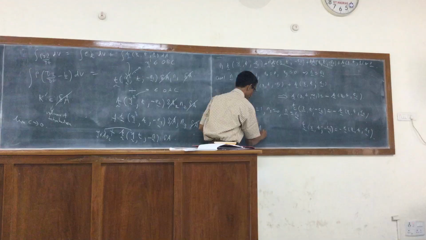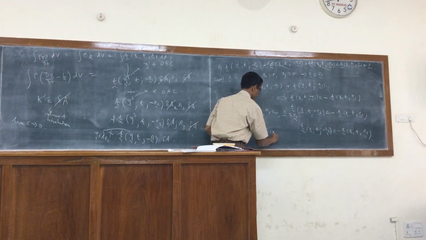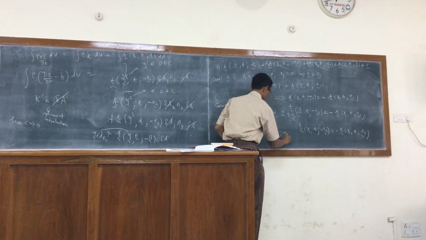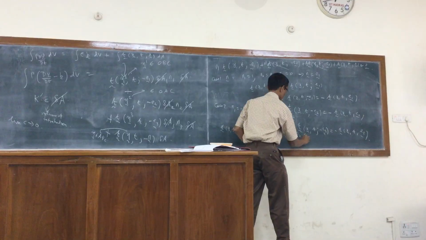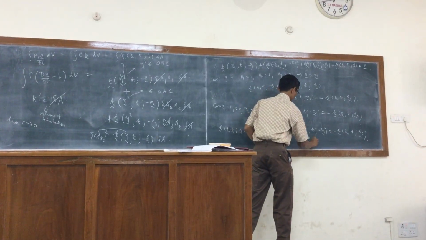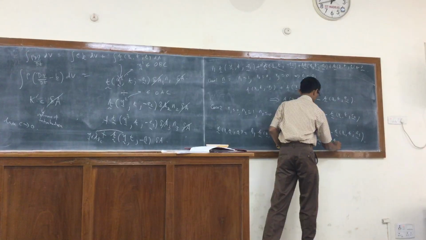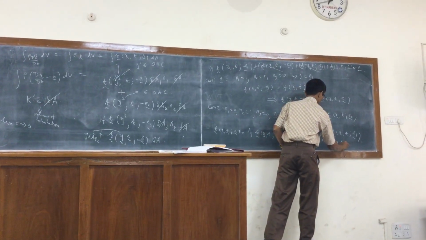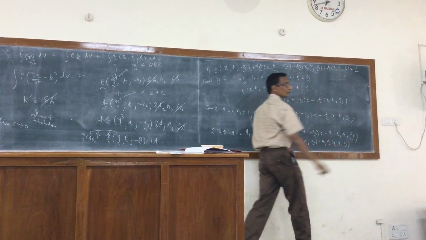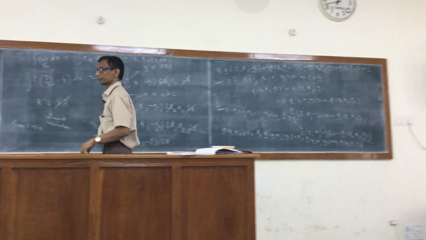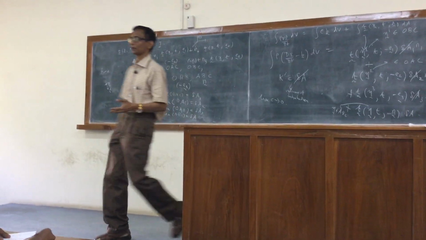So that would be n1 T(x, e1) plus n2 T(x, e2) plus n3 T(x, e3). So we have proved it.